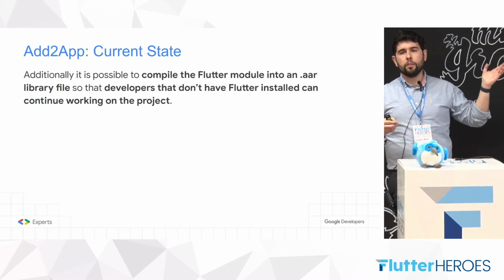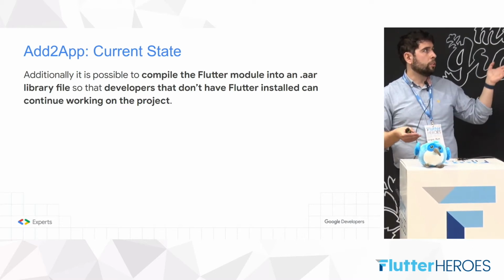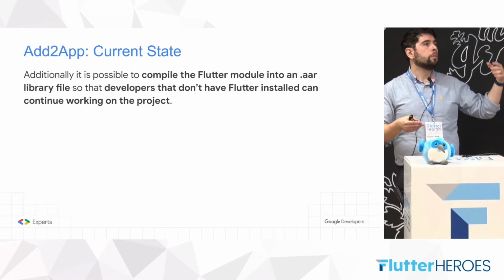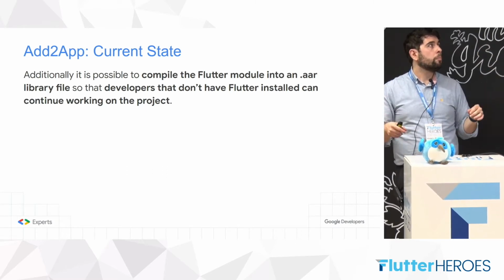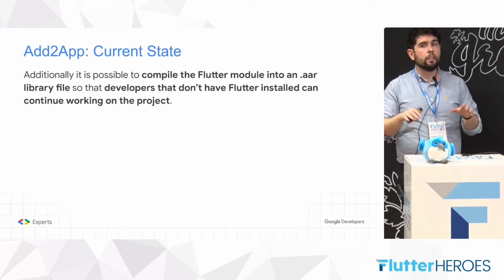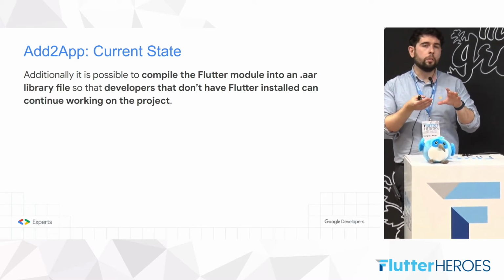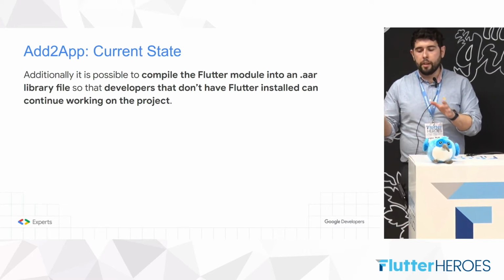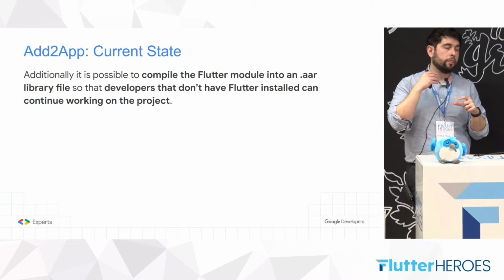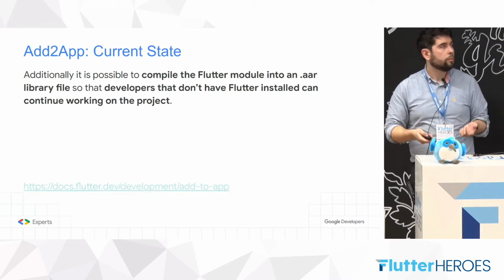Well, they don't need to install Flutter. Maybe you host your AAR file in a GitHub repo or somewhere along the CI/CD pipeline, and every time it's updated, they get a new file, and then it's just like any other old library in Android. You implement the file, it already has the Flutter framework, it has your Flutter code, and it will run it.